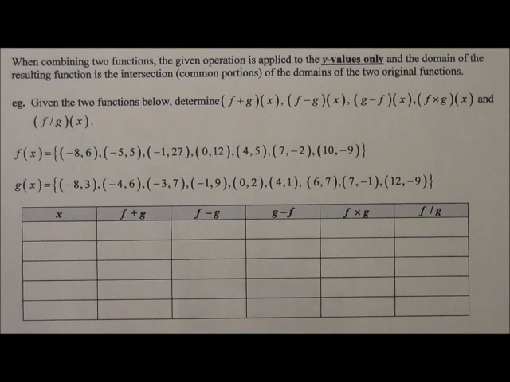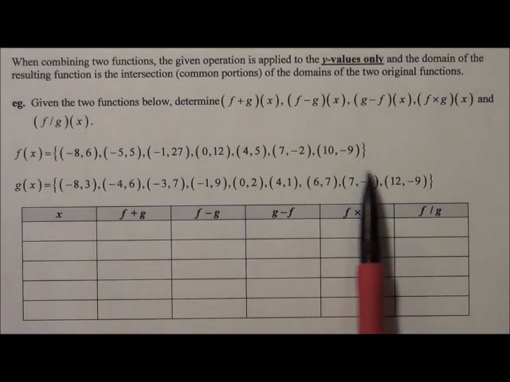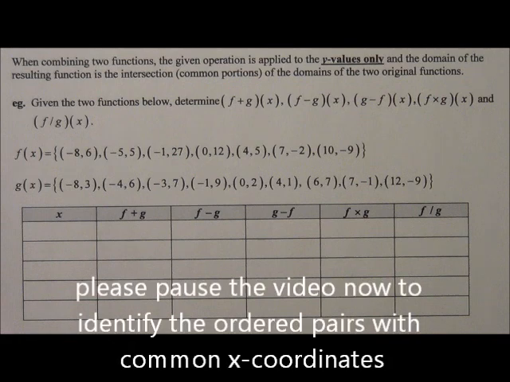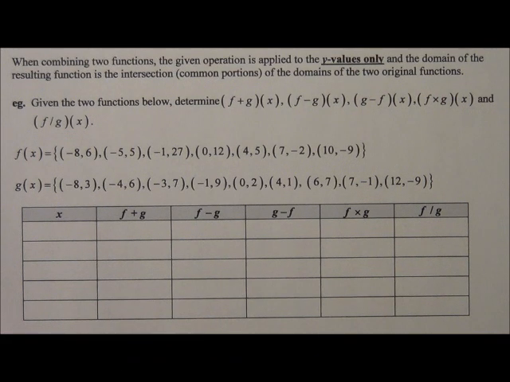So first of all we want to go through these ordered pairs and identify which have the common x coordinates, and then those are the only points we're going to be able to use. Take a look at those, and I suggest you circle the ordered pairs that have the same x coordinate.